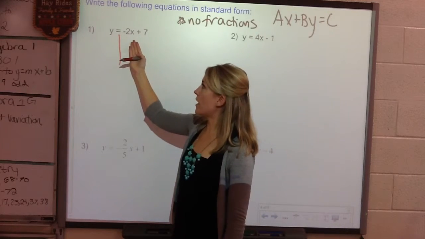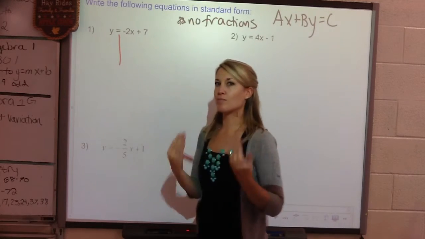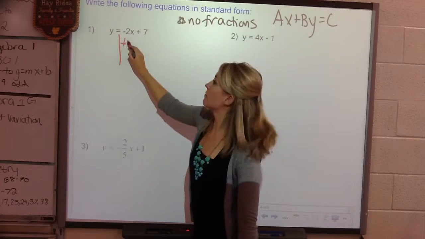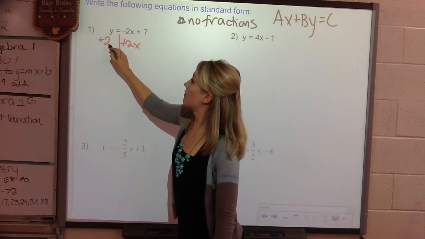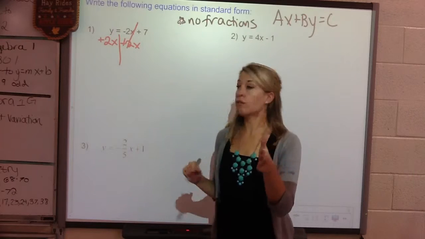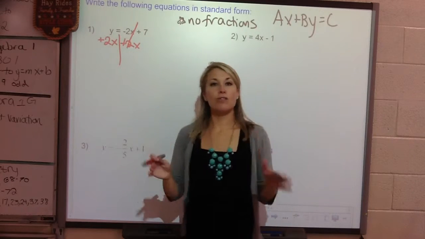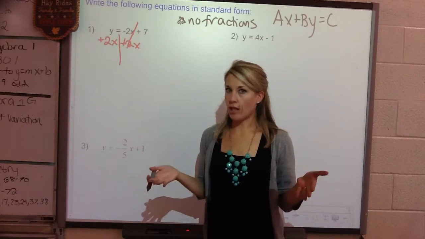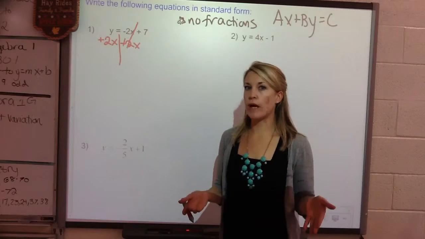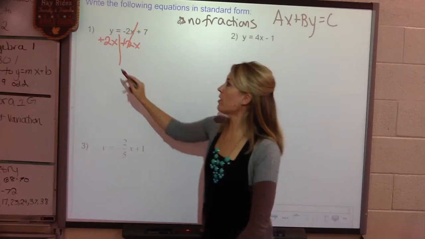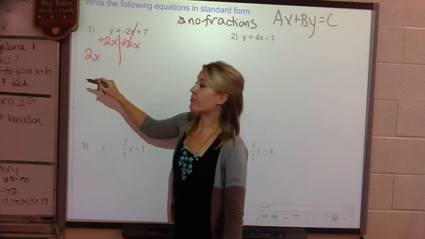So how do I bring this x over to that side? It's minus 2x, so I'm going to plus 2x. These cancel out to 0. Y plus 2x. They're not like terms, so it's just y plus 2x. I'm going to use commutative property to write my x term first.